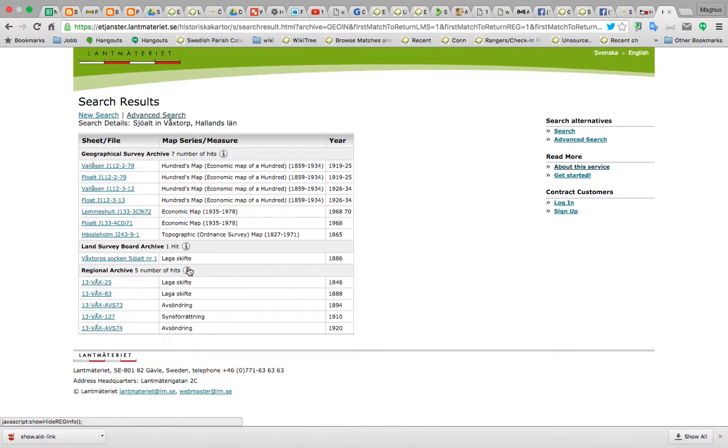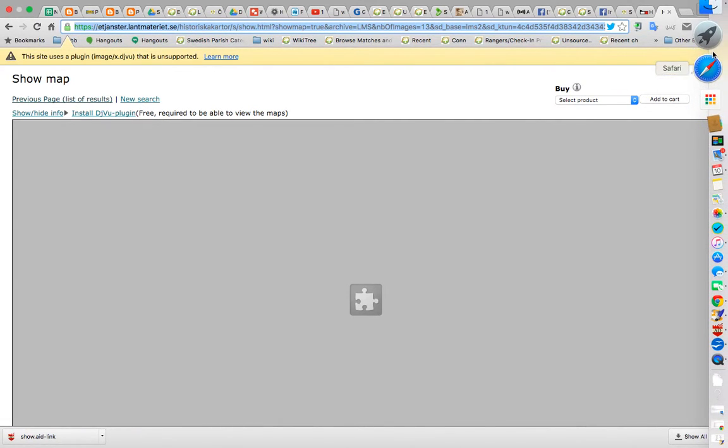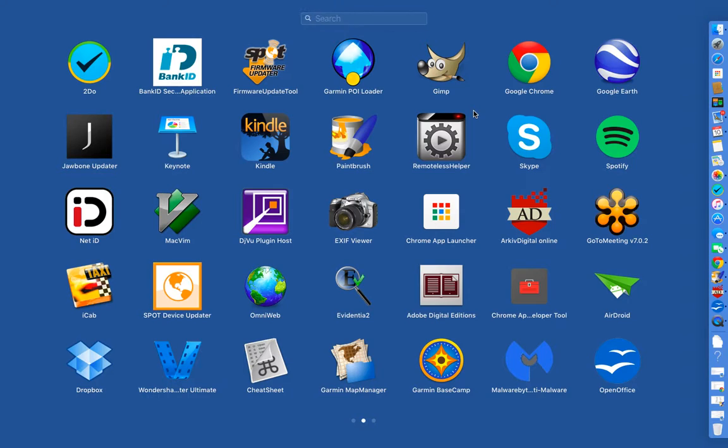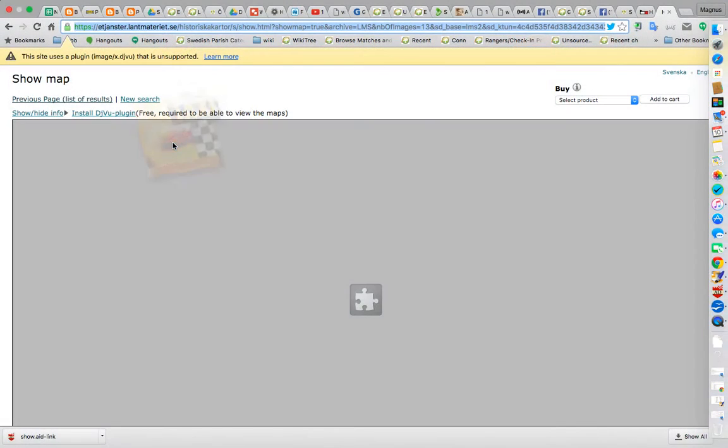So they did a major reform, maybe in 1886. So if we go and check there, now the problem is that my Mac has no plug-in for this working, so I have to go to some other. Oh, there we have it, iCab.